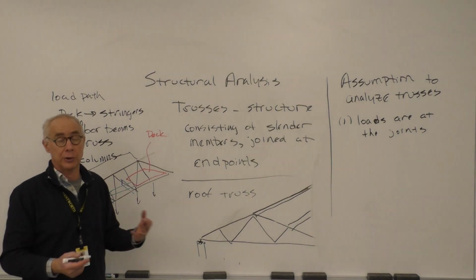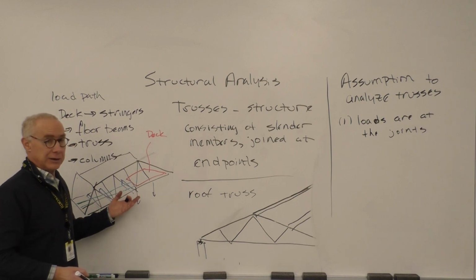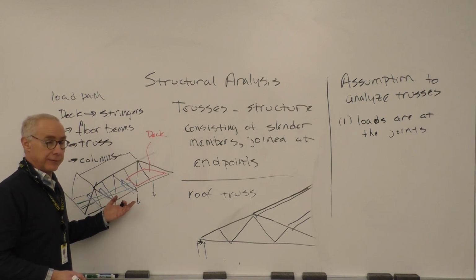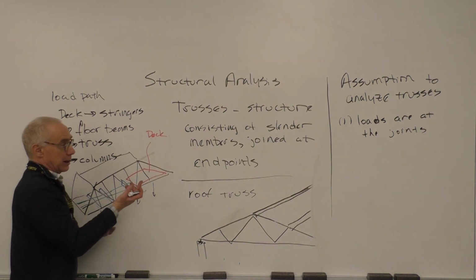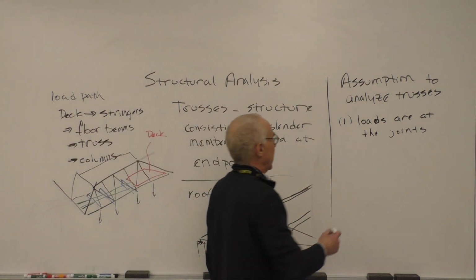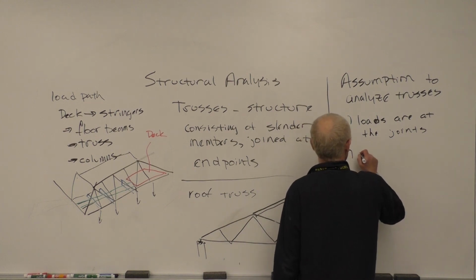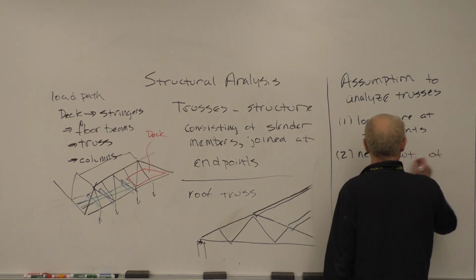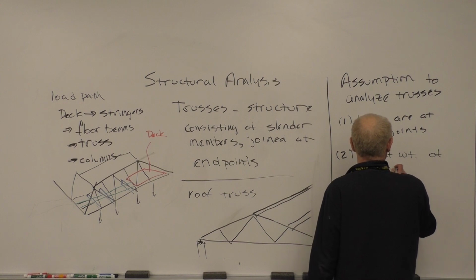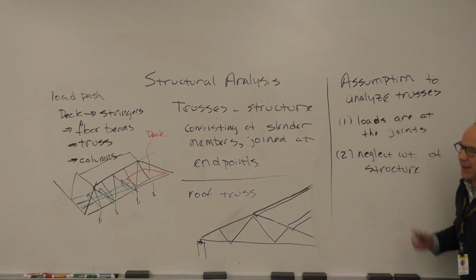If we did that, you couldn't really solve this. So in essence, we're going to be neglecting the weight of the member itself, although you can handle that by assigning the weights at the endpoints. So I'll add that on, and this is almost like 1A, but 2, which is neglect weight of the structure, which seems a bit odd, but we can deal with it.